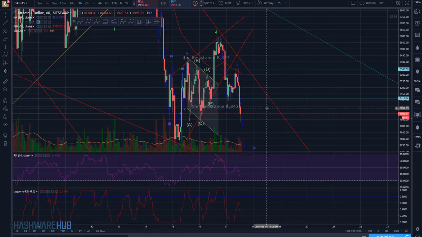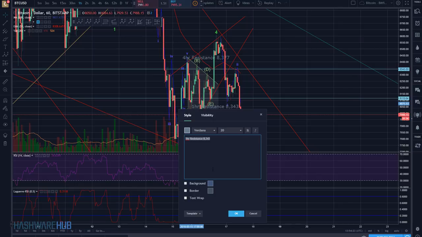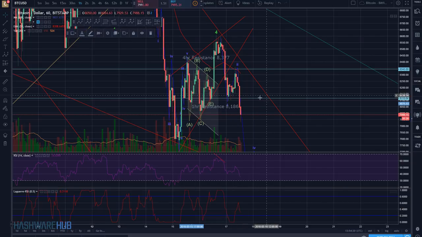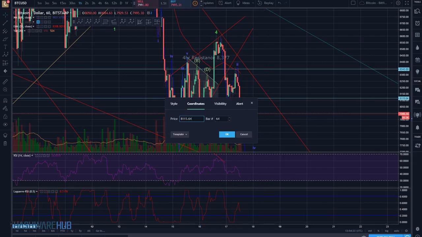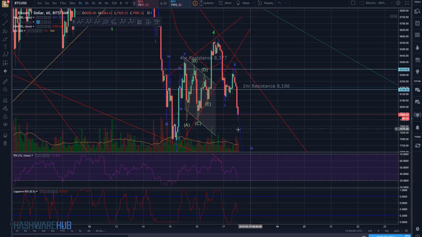So the next thing is the 1 hour resistance level. We are going to change this to 8,186. So if the market were to come back down on a 1 hour basis, it may come back up and try to kiss the 1 hour resistance right here.